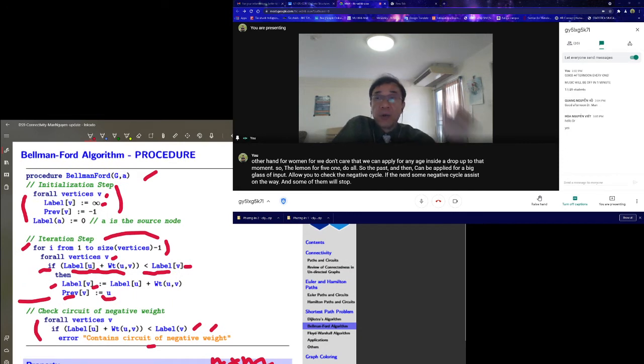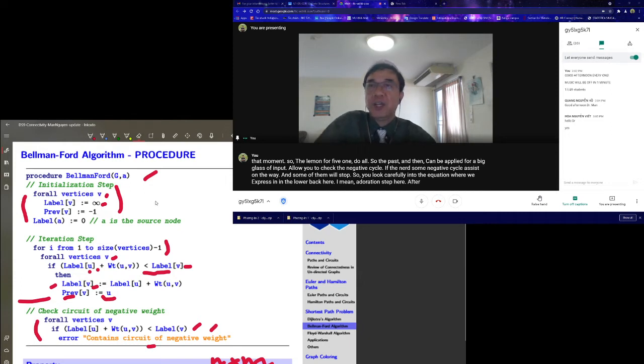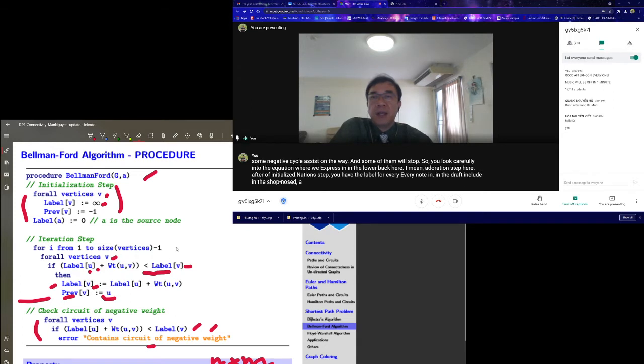So you look carefully into the equation that we express in the internal part here, I mean the iteration step here. After the initialization step, you have the label for every node in the graph, including the source node A. Then in the iteration step, you go for any vertex, you see.